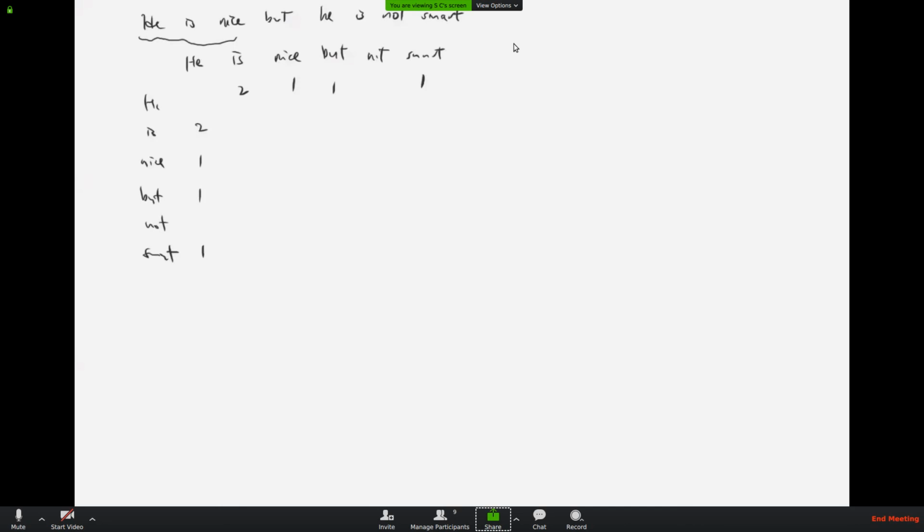And in the sense that if I have lots of documents, I can use this matrix itself as a representation. Of course, I can use it directly. For example, since this is a symmetric matrix, I can say "he" has this representation vector, and "is" has a representation vector like this, and so on.